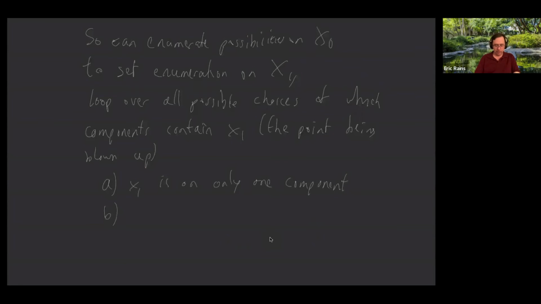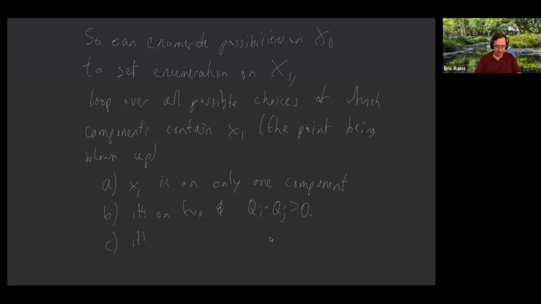The next is it's on 2. And those 2 components must have positive intersection, because if we are blowing up a point that's on both components, they'd better intersect at least one point. So the next thing we do is we loop over pairs of components that have positive intersection.